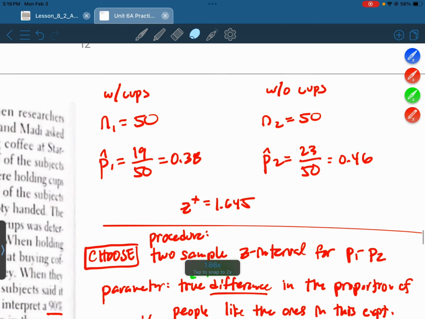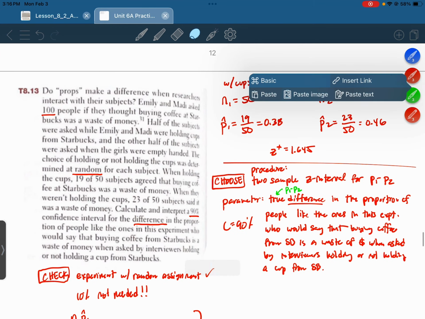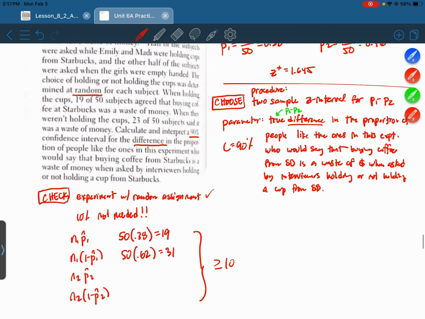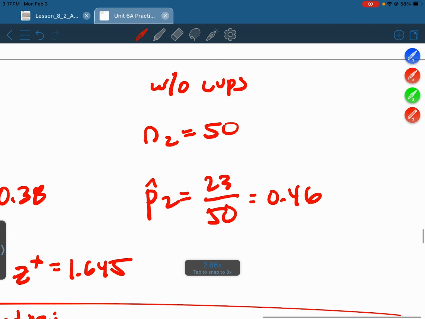Okay. All right, so let's start plugging in some numbers. All my numbers are up here. So we got 50 times 38%. So 50 times 0.38, which I know is going to be 19. We're going to have 50 times 0.62, which is going to be 31. Okay, and the other numbers are 50 and 46%.